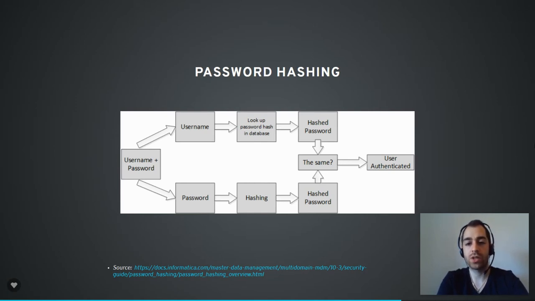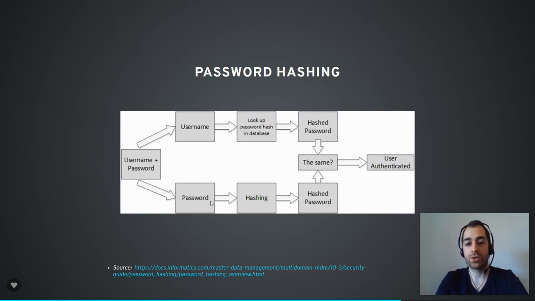Okay, so how does a login work in this case? Well, we have the username and the password in the database, but the password is not stored in plain, but is hashed, is transformed. And then when you try to log in, we search for your password in the database based on your username, and we obtain the hashed version of this password.